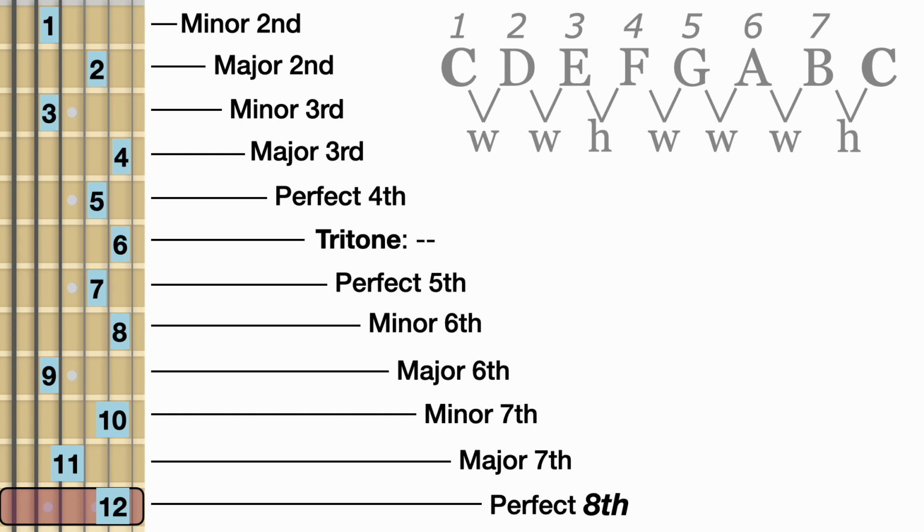And I'll prove it to you in a minute, but for now, the fourth is a perfect fourth. And the fifth is going to be a perfect fifth. There's no tritone to worry about within the major scale. And then we have our sixth degree. And so we know that it's going to be a major or a minor. We don't know which one yet. And then we have our seventh degree. And it's going to be a minor or a major. Again, we don't know which one yet.